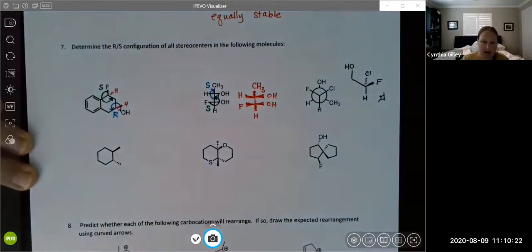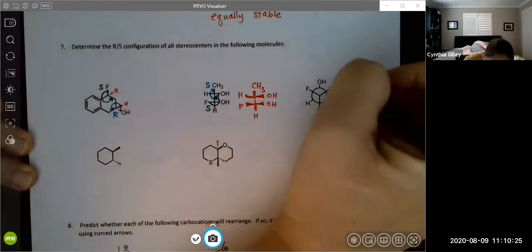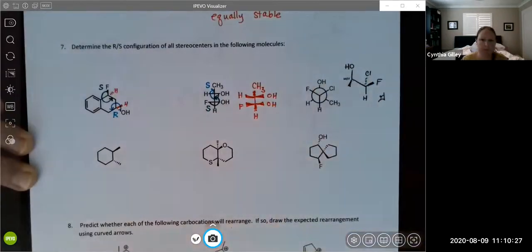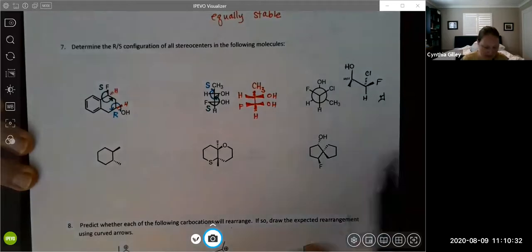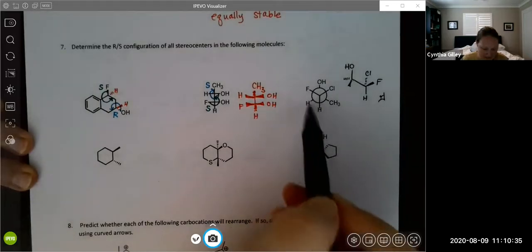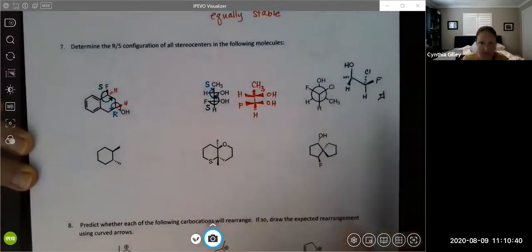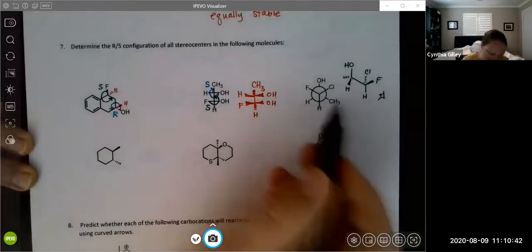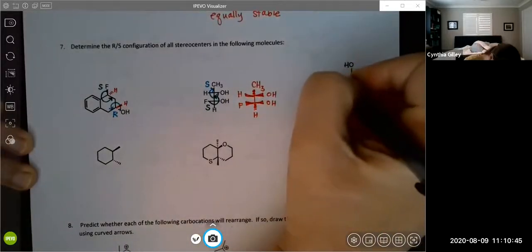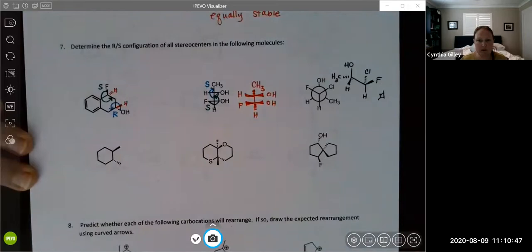And I know I'm going to have a group on a dash and a wedge. I'll draw those in. Again from my viewpoint, on the same side as the fluorine is a hydrogen. So on the same side pointed out as the fluorine, I'm going to draw the hydrogen. On the same side as the chlorine is the methyl. Okay, so that's one way you could view this out of a Newman projection and back into a dash wedge conformation or line structure.